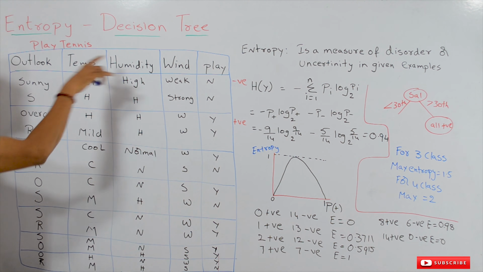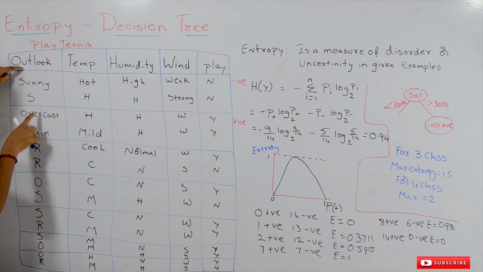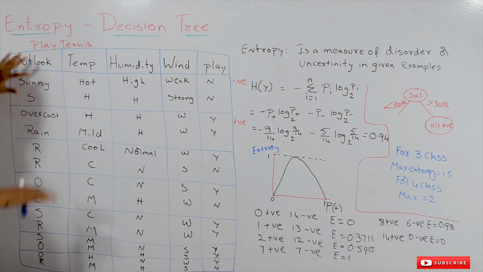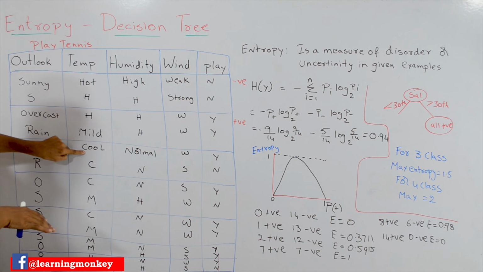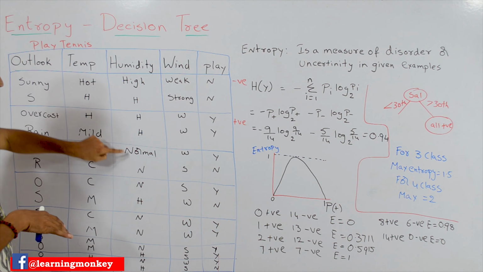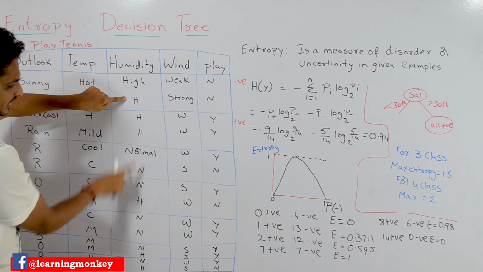The weather conditions they considered here are, first, outlook: it is sunny, overcast, or rainy outside. Overcast means it's cloudy. For temperature, it is hot, mild, or cool. Humidity is high or normal, and we made shortcuts: H means high, N means normal.